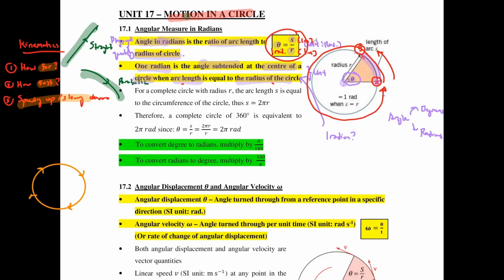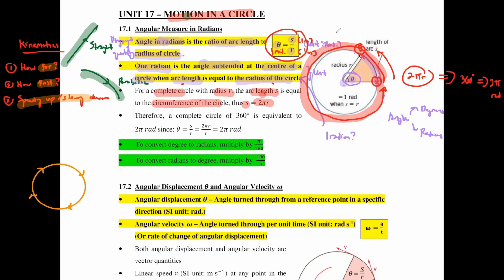For the case where something moves a full complete circle, where the radius is r and the arc length is s, the arc length would be equal to the circumference of the circle. So the arc length is 2 pi r. Because the circumference of one full circle is 2 pi r, you can eventually deduce that 360 degrees is 2 pi radians.